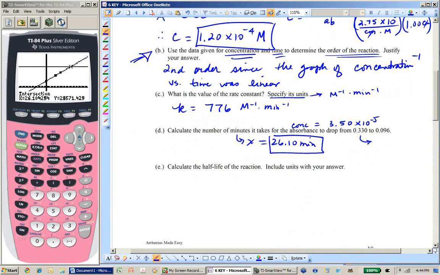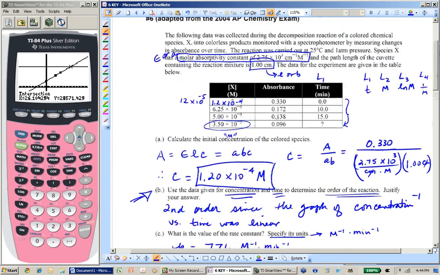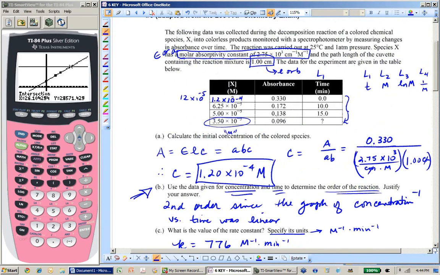Then calculate the half-life of the reaction. I know you want this to be hard. It just isn't. All you need to do is calculate the time it took for half of your original sample to go away.